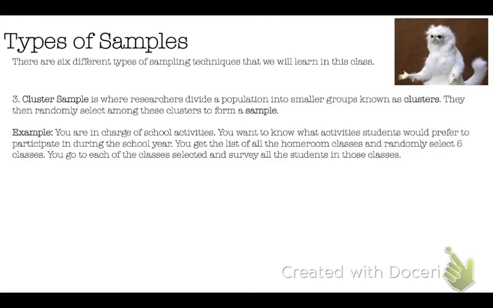You get the list of all the homeroom classes and randomly select 5 classes. You go to each of the classes selected and survey all the students in those classes. We have everyone at the school because everyone has a homeroom class, but then we want to just do some of those. So we randomly select 5 homeroom classes and then go to those classes and survey everyone.